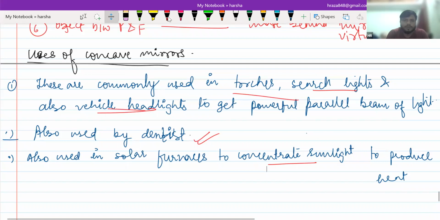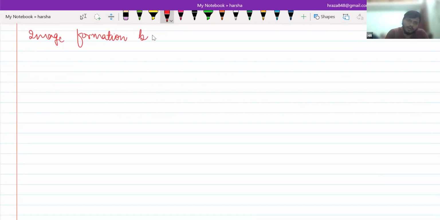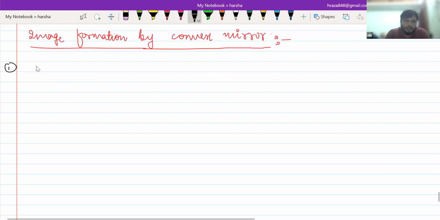Now see, image formation by convex mirror. When we talk about image formation by convex mirror, first of all, object at infinity.